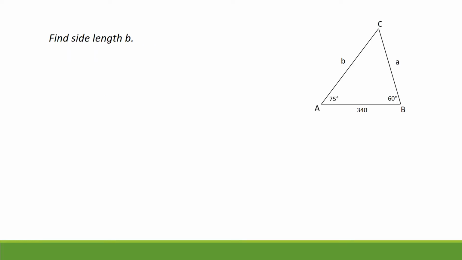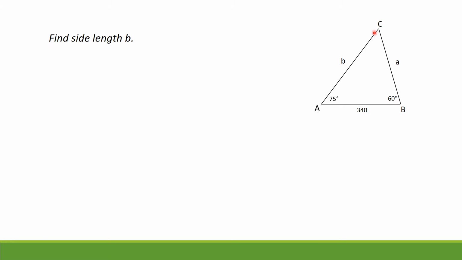So we're going to just start right away with an example. I want you guys to find side length B. When we consider our triangle here, it appears that we're given an angle, side, angle. So we're going to have to use that first method discussed. Whenever you're given 2 angles for a triangle, I encourage you, for all of these problems, to just draw a sketch and start putting in what you know. So when we see that we know 2 angles, what do we remember from previous geometry classes?